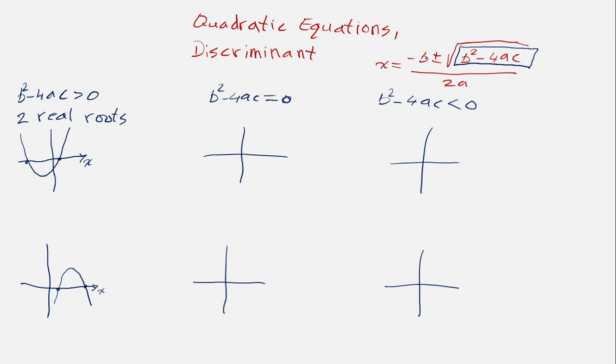See, there is no plus minus, so we won't really get two different roots. We'll just get one number here, and that's called double root. We can still say that we have two roots. It's just that those two roots ended up being the same number.